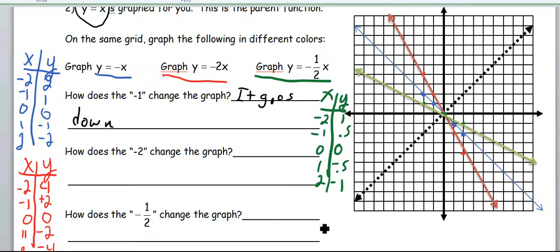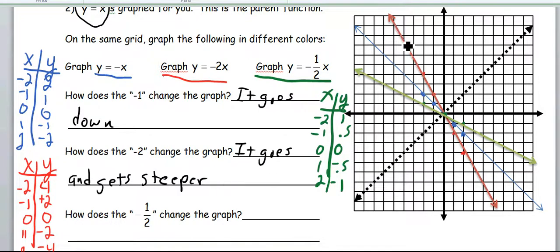How does the negative 2, that's the red one, change it? It goes down. And when we talk about down, we're talking about if you start on the left and you move to the right, what direction will your arrow go? And it goes down. But this one is also steeper, and gets steeper.